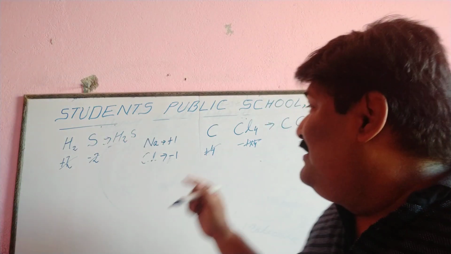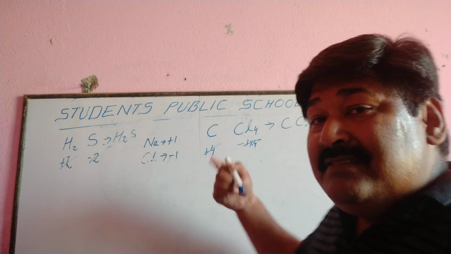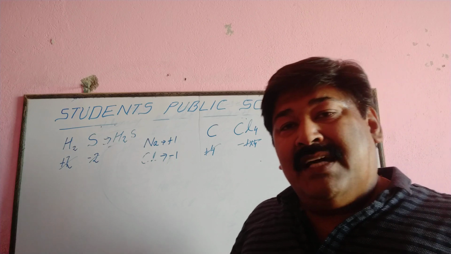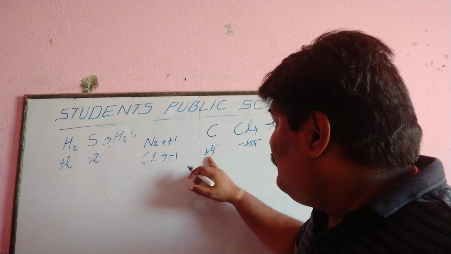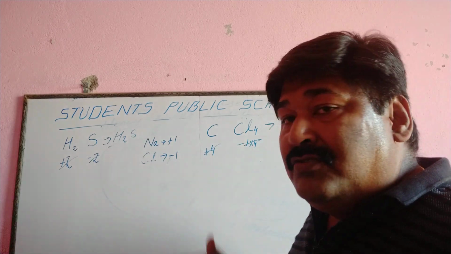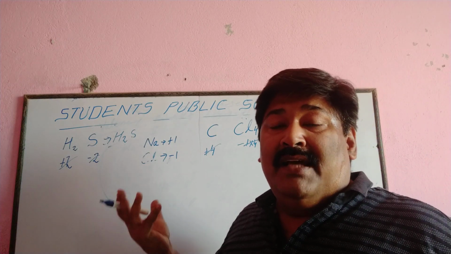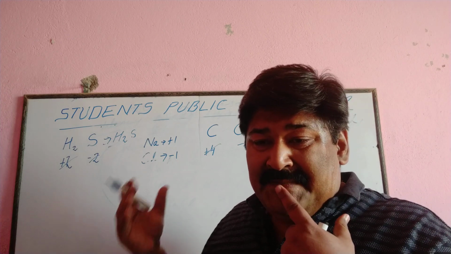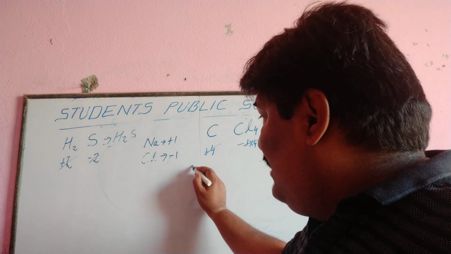If the charge is less, we have to increase the number of atoms containing that charge. If the charge is more, that is plus 4, this will remain as such. Here chlorine has minus 1 charge, so we will increase the number of chlorine atoms and then we can balance it. Okay?